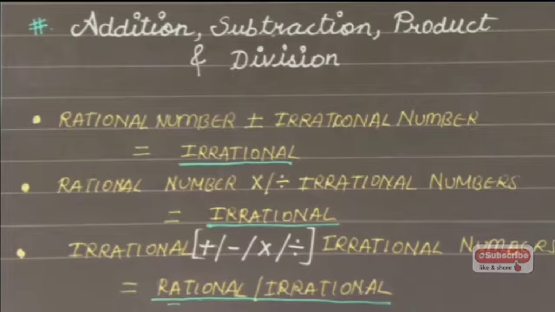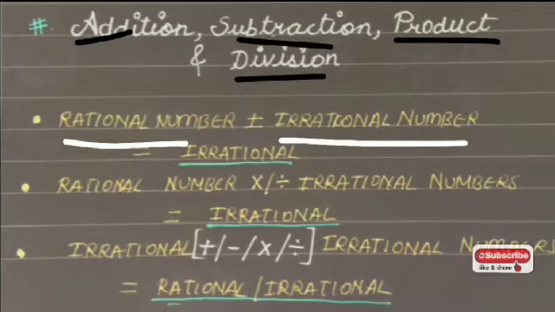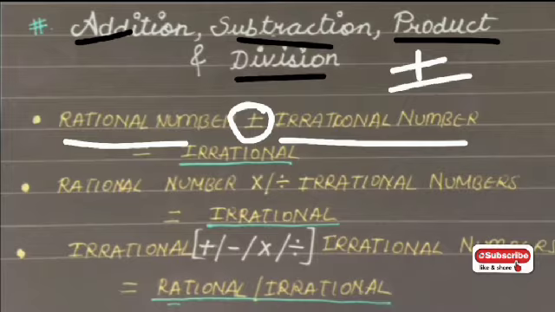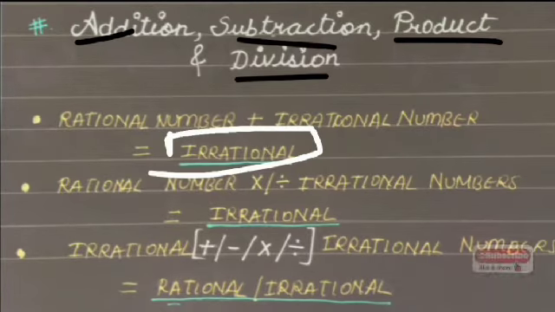The basic operations are addition, subtraction, product and division. These are all the operations performed on such numbers. So what are the rules? If we add or subtract a rational number and an irrational number, the answer is always irrational.